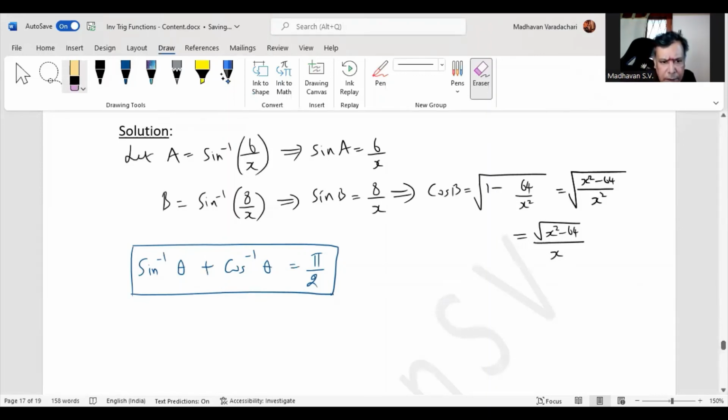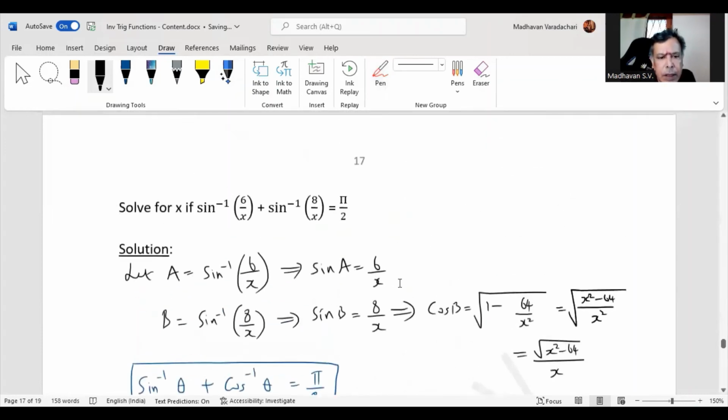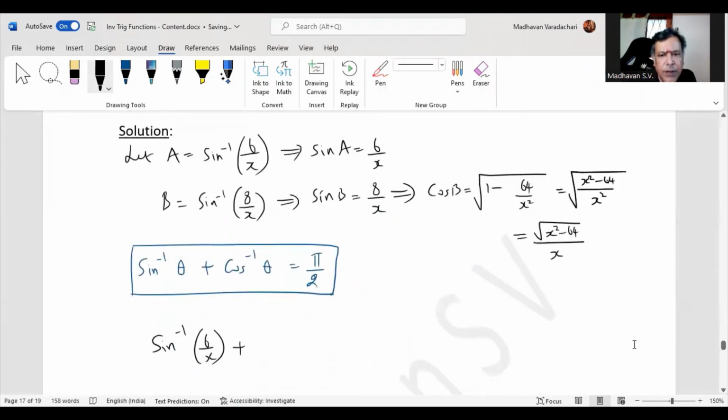Now, if this has to match, I can rewrite. In the question they had given sine inverse of 6 by x, plus I will write cos inverse of this entire thing, root of x square minus 64 by x.